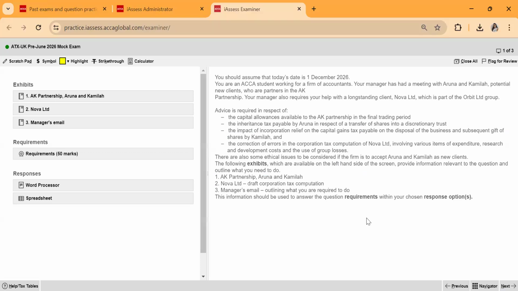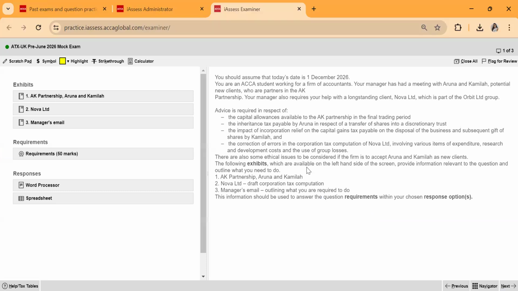And the correction of errors in the corporation tax computation of Nova Limited, involving various items of expenditure, research and development cost, and the use of group losses. So these are the four testing areas that probably your advice is needed for. There are also some ethical issues to be considered if the firm is to accept Aruna and Camilla as the new clients.